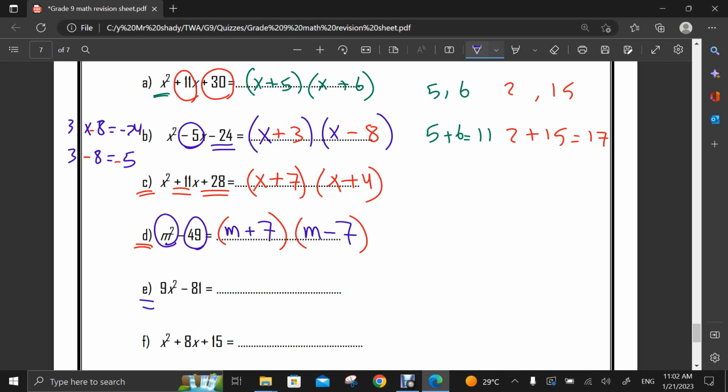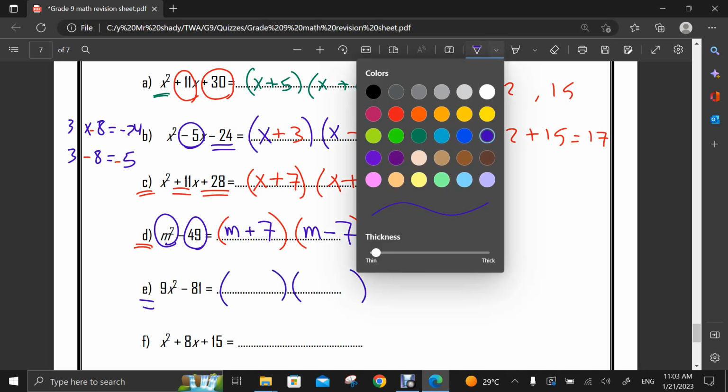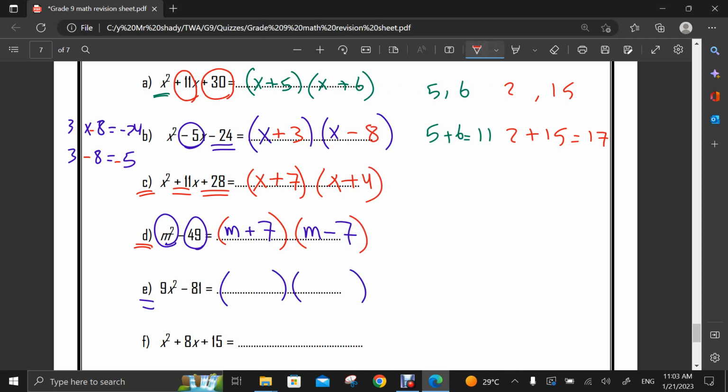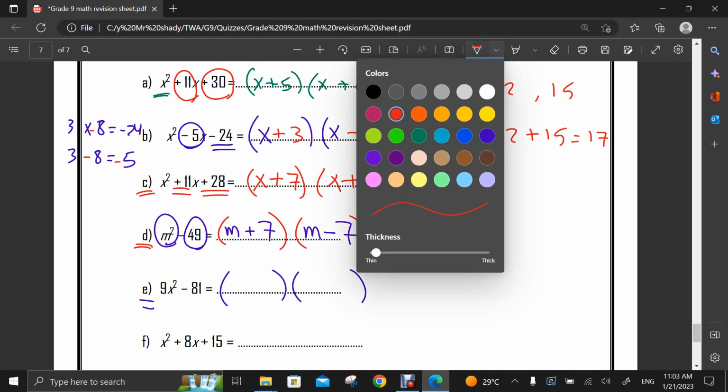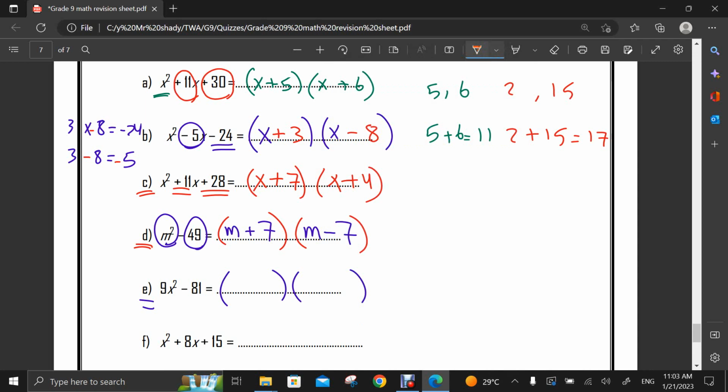So letter E, the same thing, two brackets. I'm going to make positive and negative in the middle because this is the same special case. This special case, by the way, is called the difference between two squares. In the first term it must be a perfect square, and the second term must be a perfect square, and there's a difference between them.